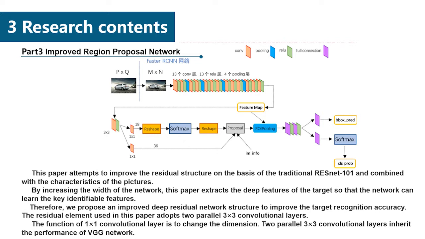The function of one 1x1 convolutional layer is to change the dimension. 2 parallel 3x3 convolutional layers inherit the performance of a wide network.